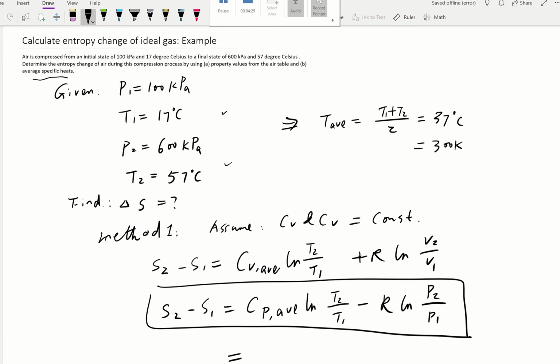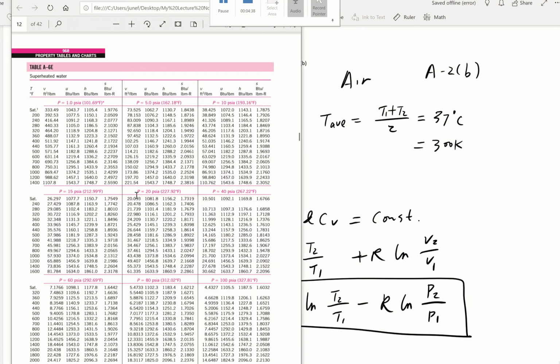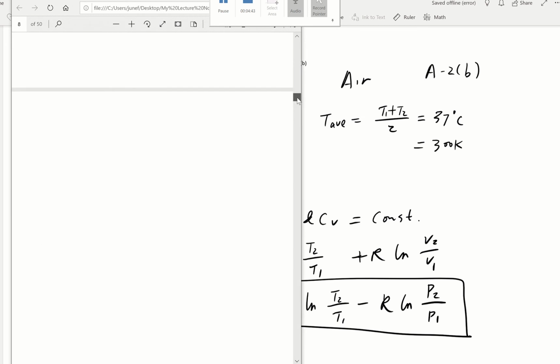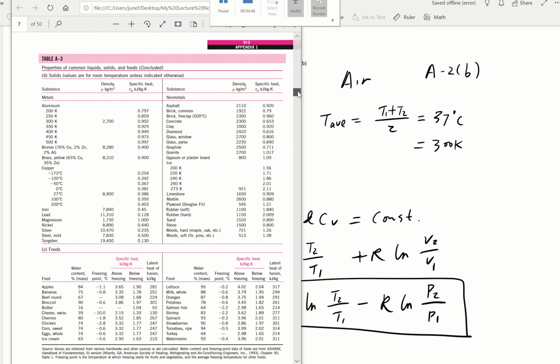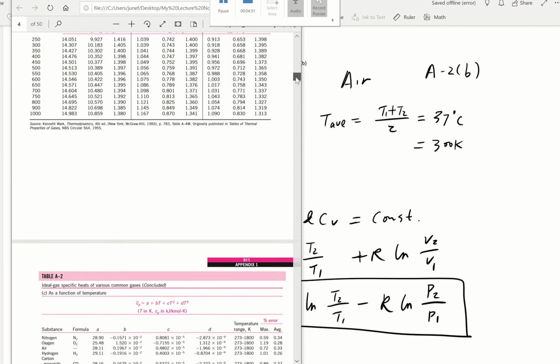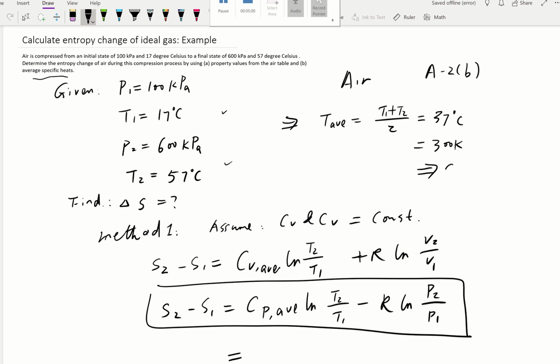And what substance is this? It's air. So we go to table A-2b. If we look at table A-2b, 300 Kelvin, our CP value is 1.005.